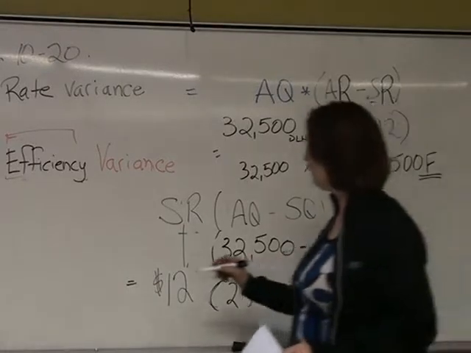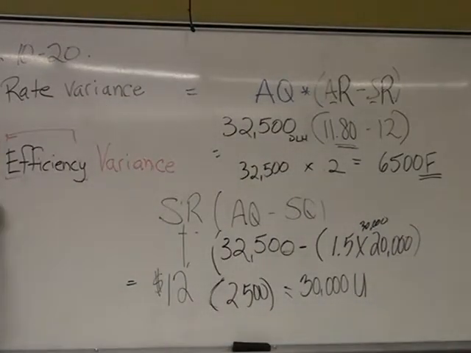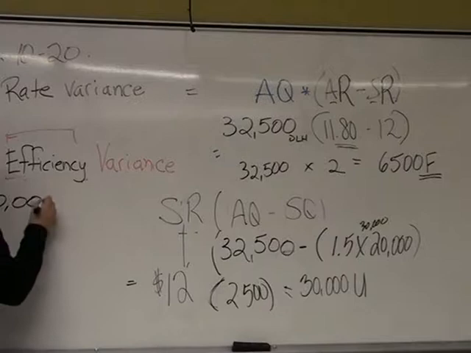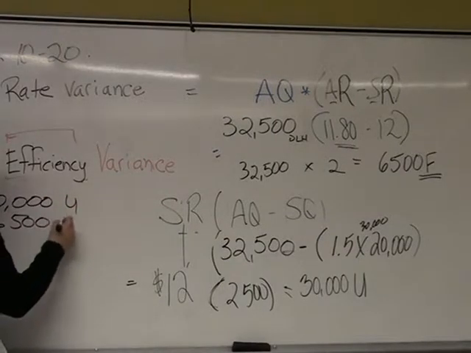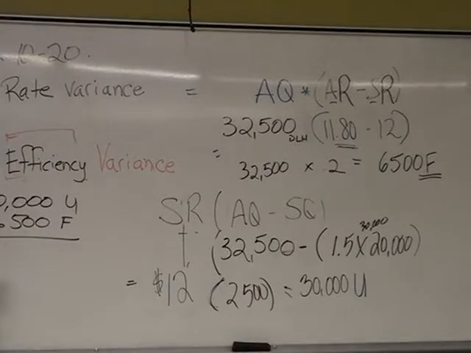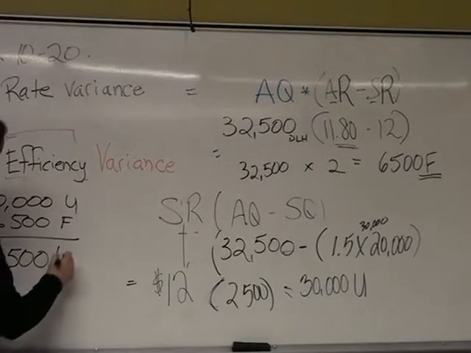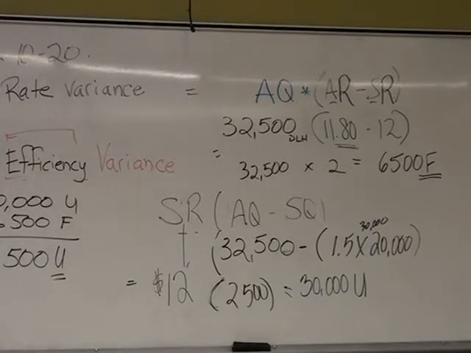So when we combine these two, I've got 30,000 unfavorable and 6,500 favorable, which means I have a total of whatever the difference there. 23.5, sorry. 23.5 unfavorable. Okay.